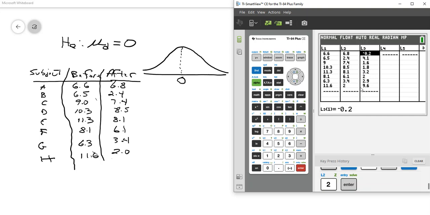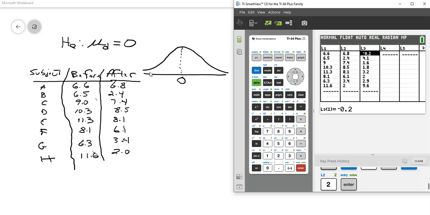And then I don't really care about these columns right now. All I care about is this one column, the differences. So we are going to run a one sample t-test. Remember, a one sample means t-test is number 2 on your calculator.